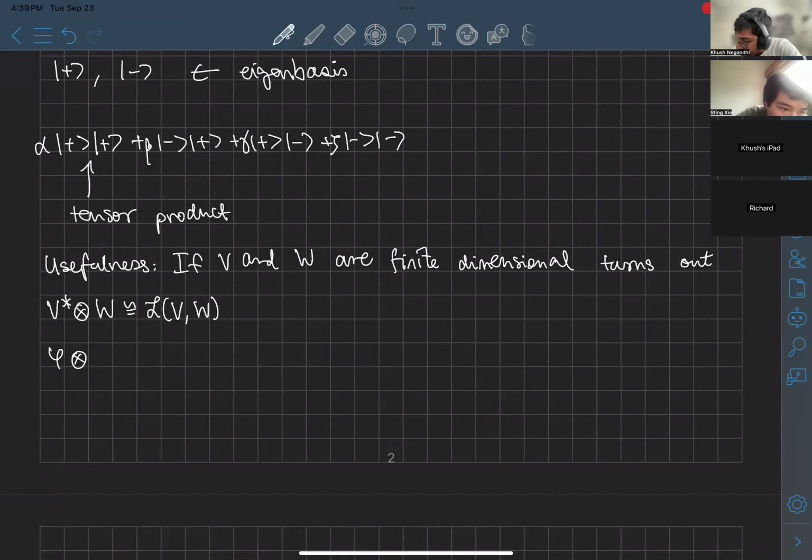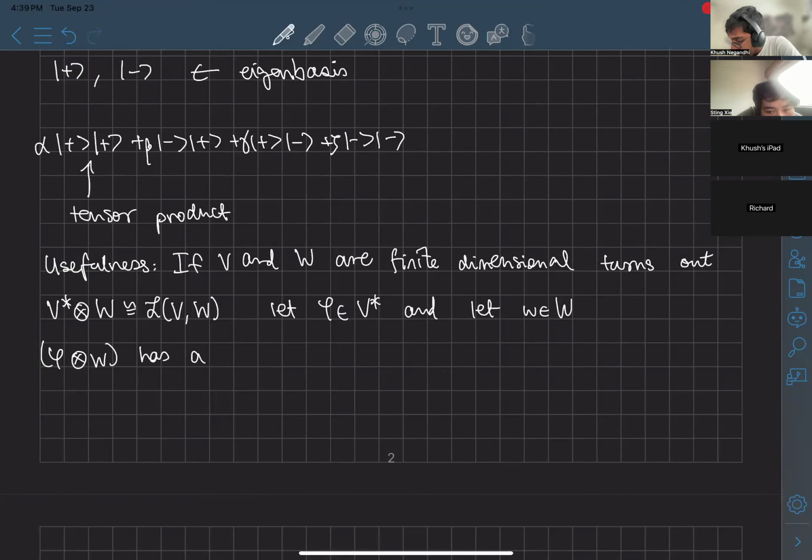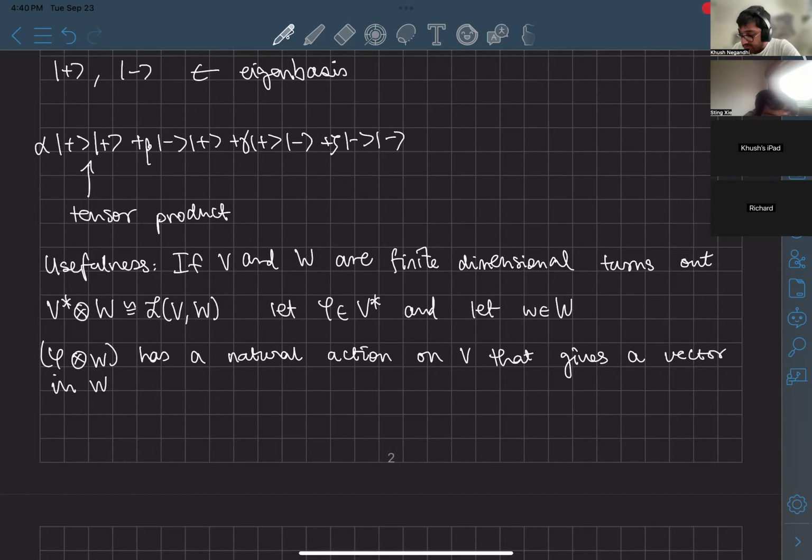So let phi be in V star and let w be in W. Now we claim that this thing has a natural action on V that gives a vector in W. But we already have a vector in W over here.